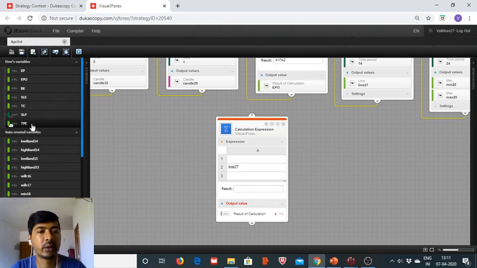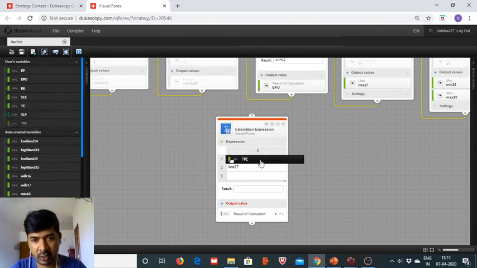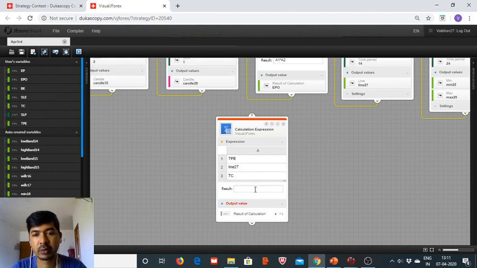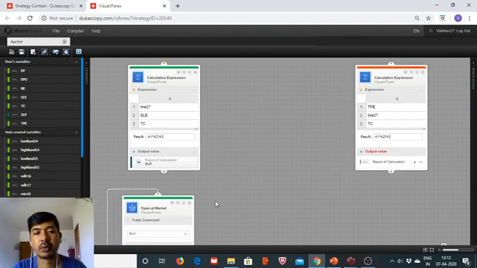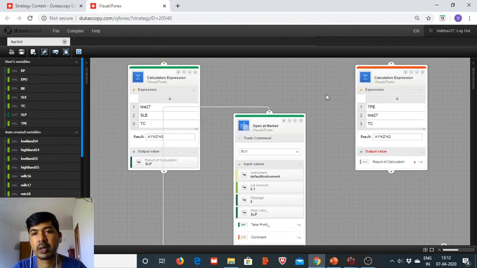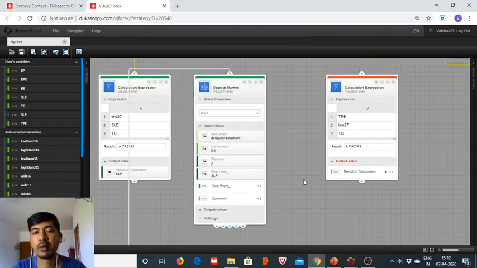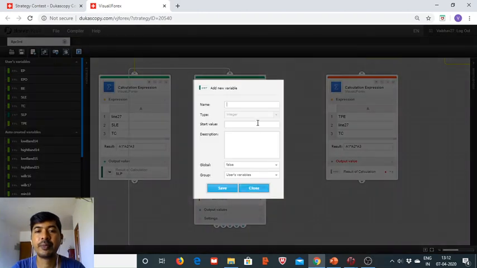So we got TPE here, and then the type conversion multiplication by 100. So we do A1 into A2 into A3. Now we have got the type conversion done. We got to create a variable TPP, target price pips.